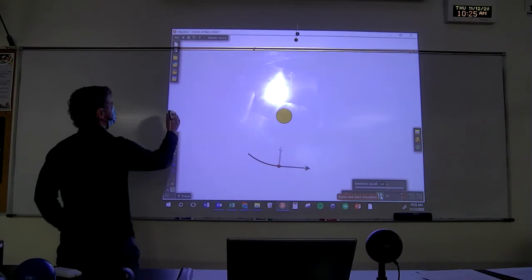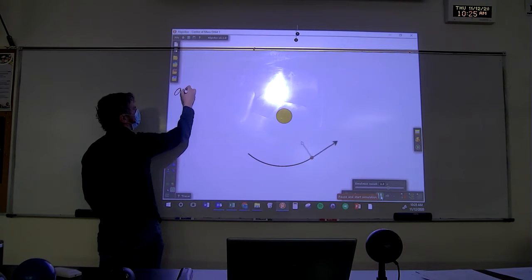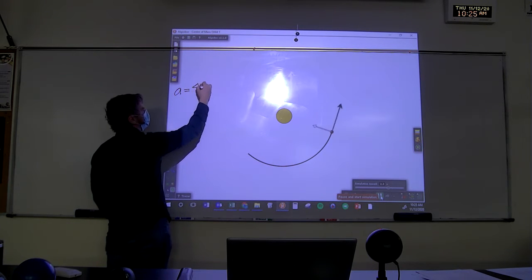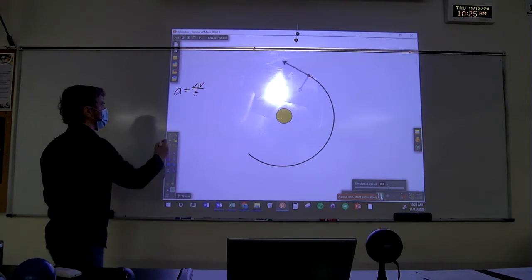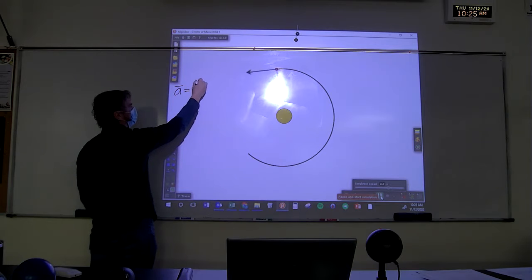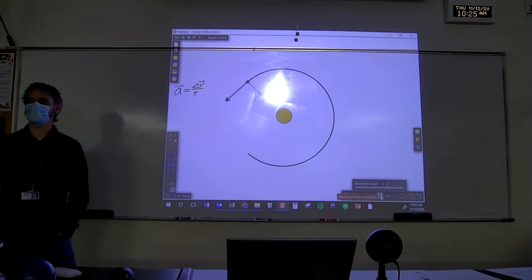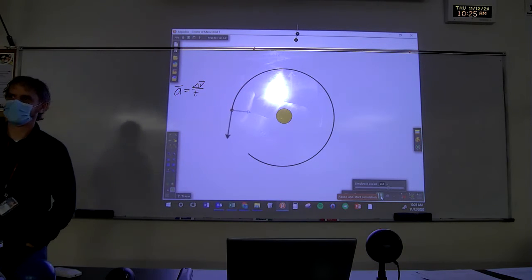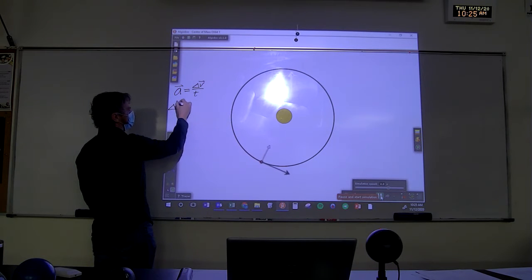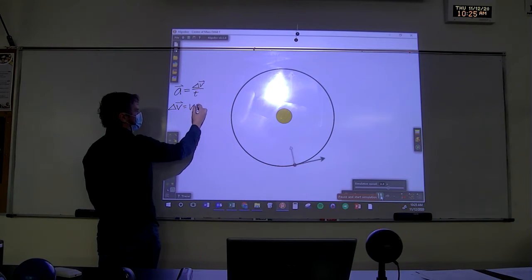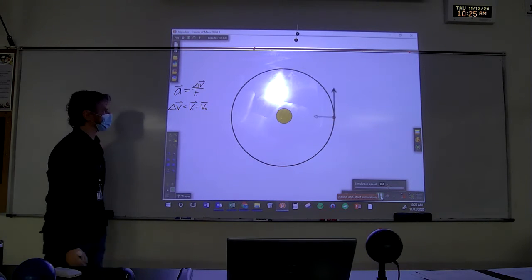Because we know that the definition of acceleration is change in velocity over time. Right? That's the definition of acceleration. And it is a vector, and it points in the direction of the velocity change vector, the change in velocity vector. And I know that the change in velocity vector is final velocity minus initial velocity.